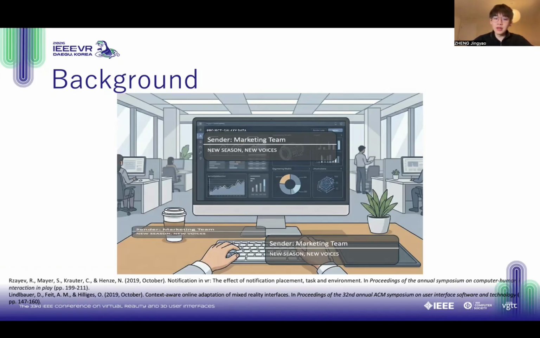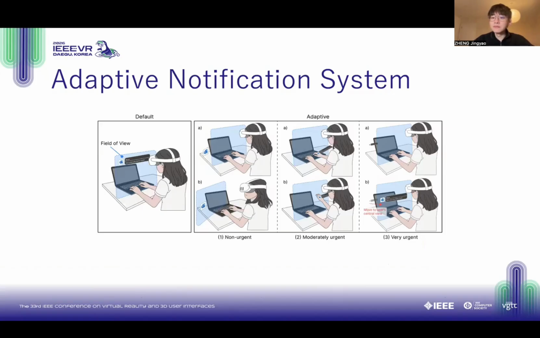Inspired by their work, and also by the common technology of ambient displays, we proposed our adaptive notification system. As you can see on the left, this is the default notification system widely used in commercial headsets such as Apple Vision Pro and Quest 3.